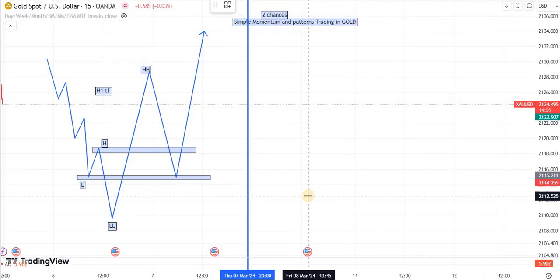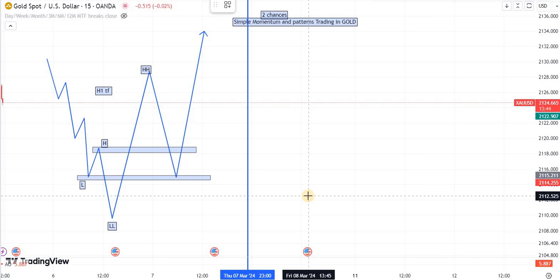When you see a QM buy on the H1 time frame, you could see the QM buy on 15 minute, 30 minute, H4, H1, 2 hour, any. Let's assume that we have plotted the QM buy pattern on the H1 time frame.